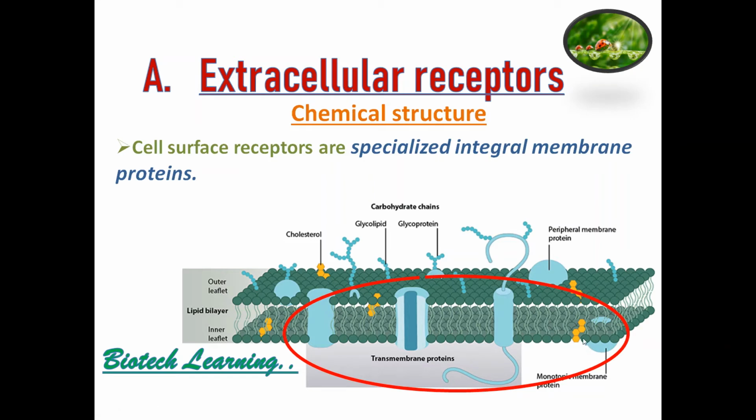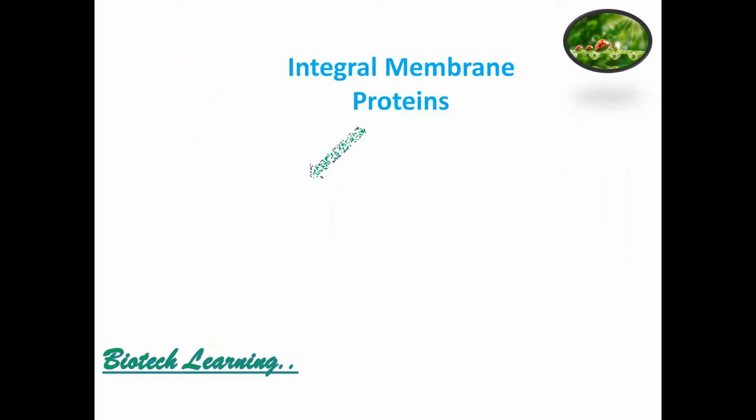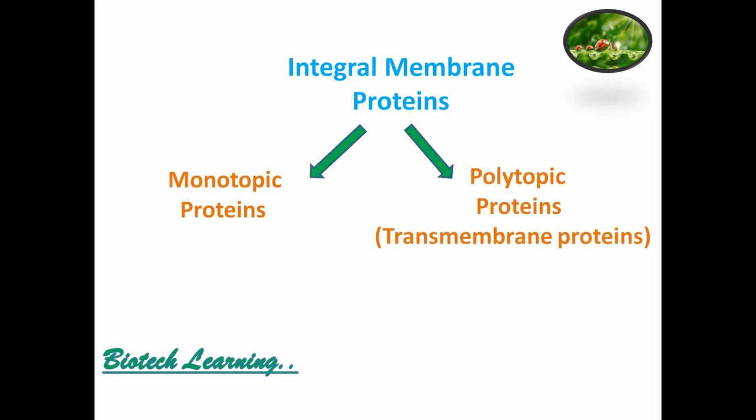So the two types of integral membrane proteins are monotopic and polytopic membrane proteins. And extracellular receptors are mainly of this type, polytopic membrane proteins or transmembrane proteins. Once again, the two types are monotopic membrane proteins and polytopic membrane proteins or transmembrane proteins.